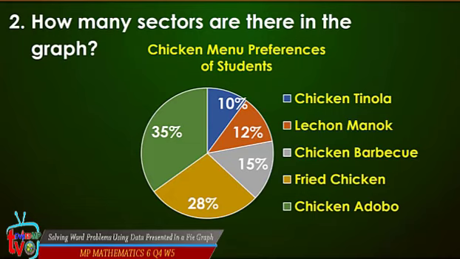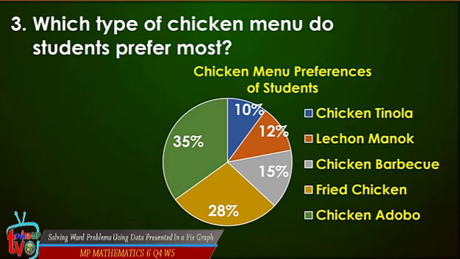Number 2. How many sectors are there in the graph? Answer: 5 sectors. Number 3. Which type of chicken menu do students prefer most?